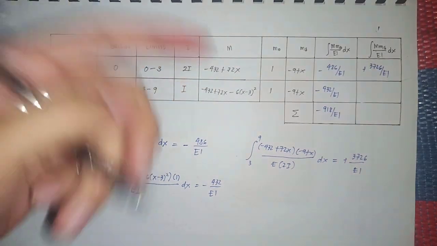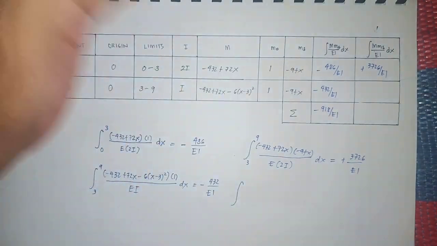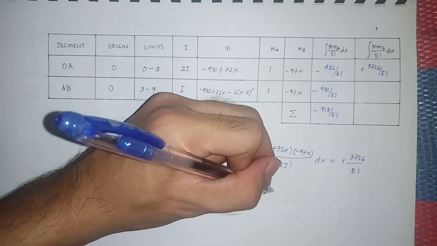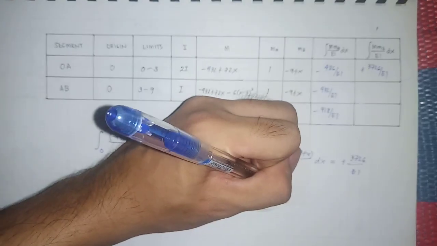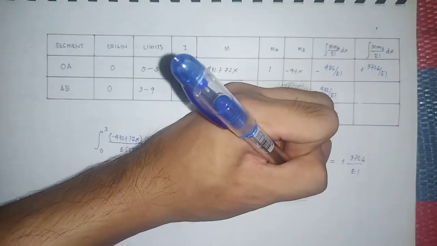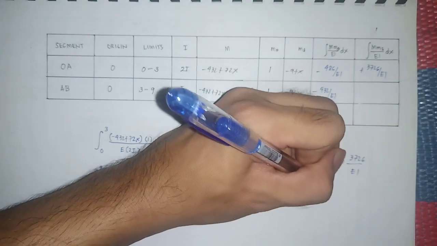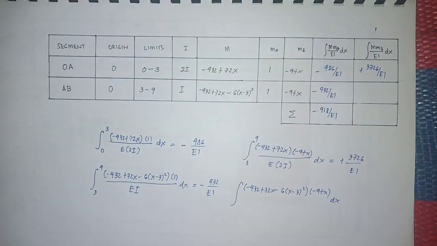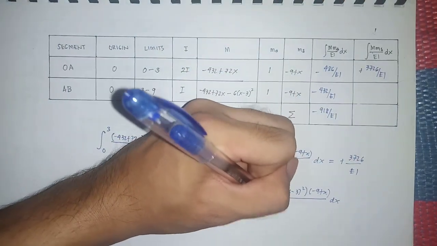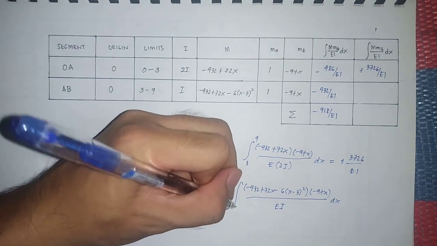Ito naman, we have the integral of negative 432 plus 72x minus 6 times the quantity x minus 3 squared, multiplied by the quantity negative 9 plus x dx over EI, from 3 to 9.